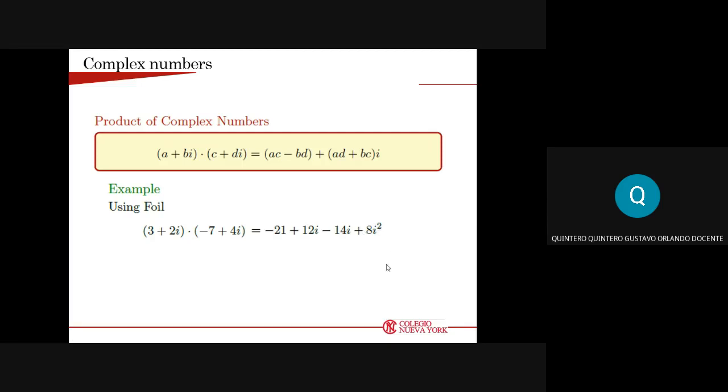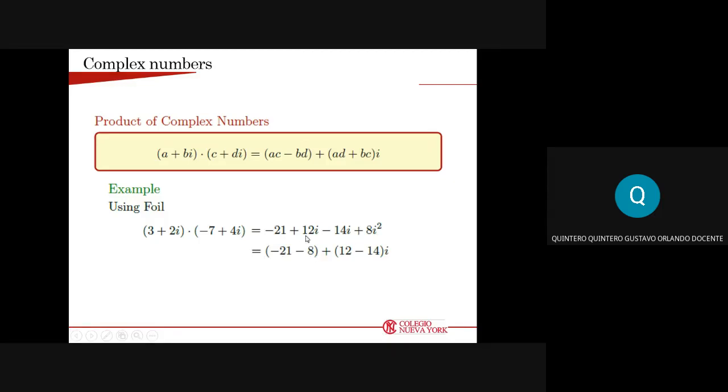So instead of having positive 8 times I squared, we have 8 times negative 1. Beautiful, Richie. Yes, you got it, my man. So this will be negative 8, right? And if we do like terms, we have negative 21 minus 8.